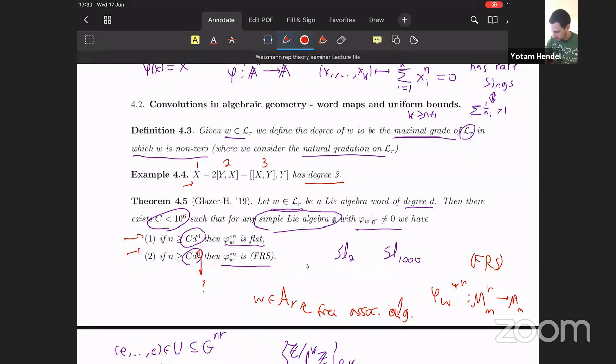So this is either FRS or flat, where n is given as in here, and this is Rn. So this also works for associative algebras, just matrices.